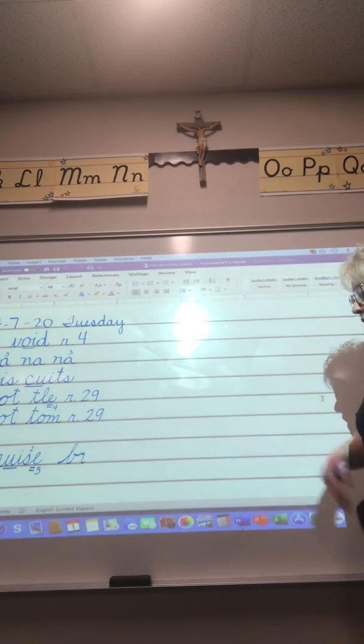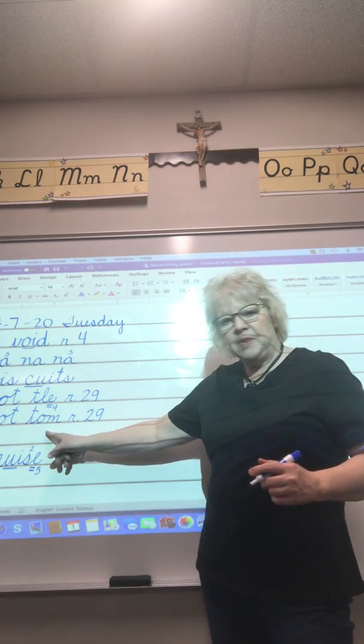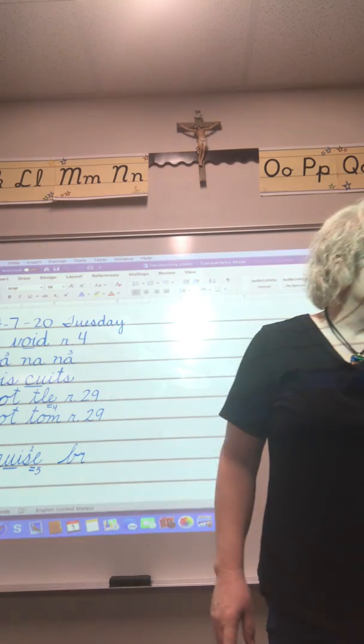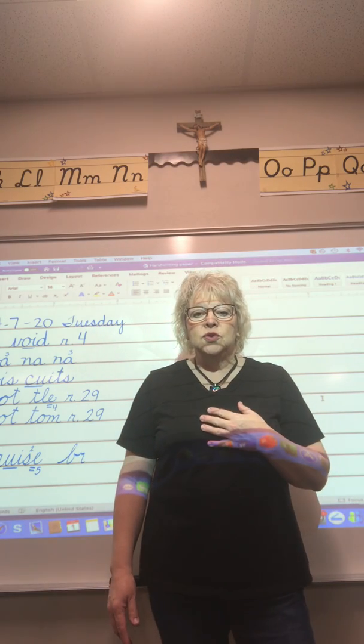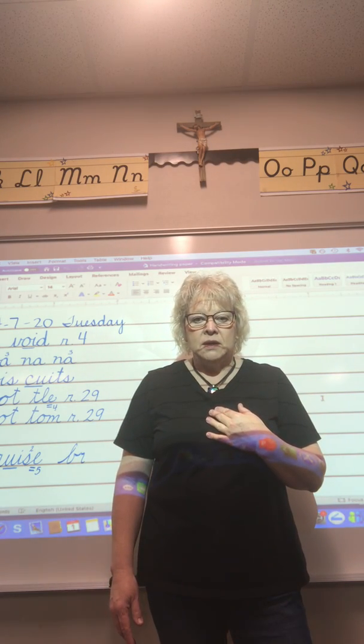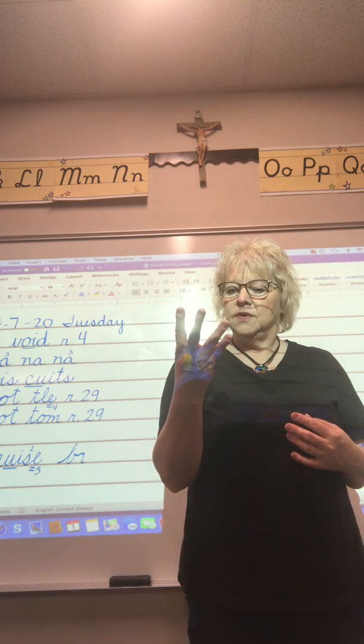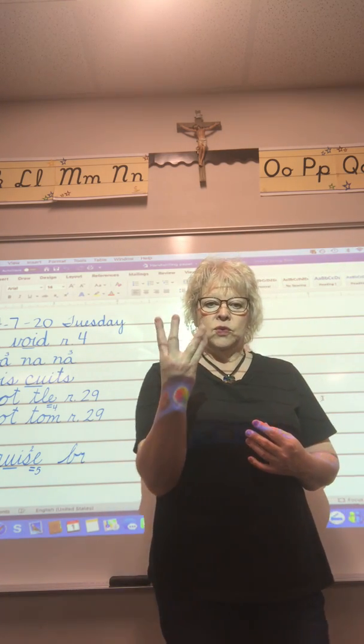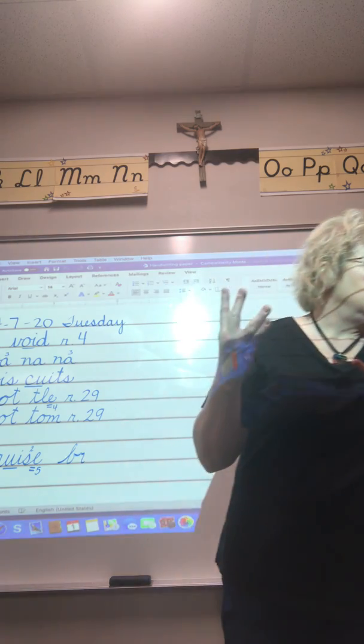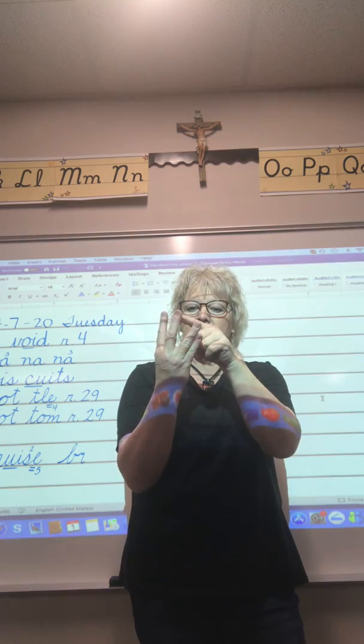Okay, we're going to use that same thing for your word above bruise, and we're going to write bruised. Jesus was bruised for me when he died on the cross. So you have an S here?